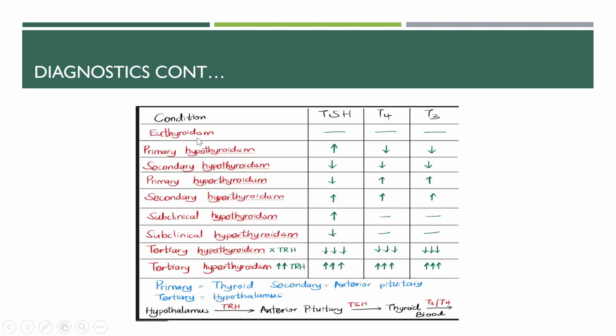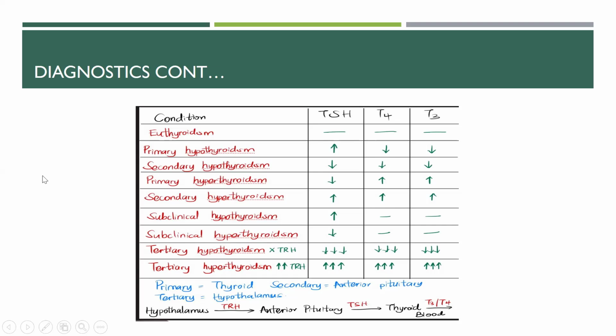Now, this is the table. This is just a nice summary of which organ is affected, and then the levels of TSH, T4, and T3. So euthyroidism is the normal one, in which case they're all normal, which is represented by the straight line.